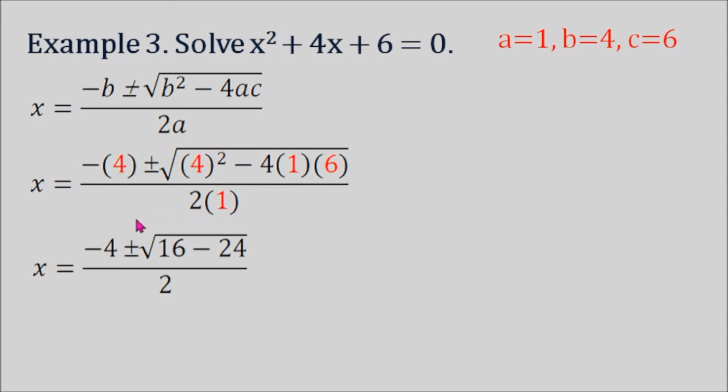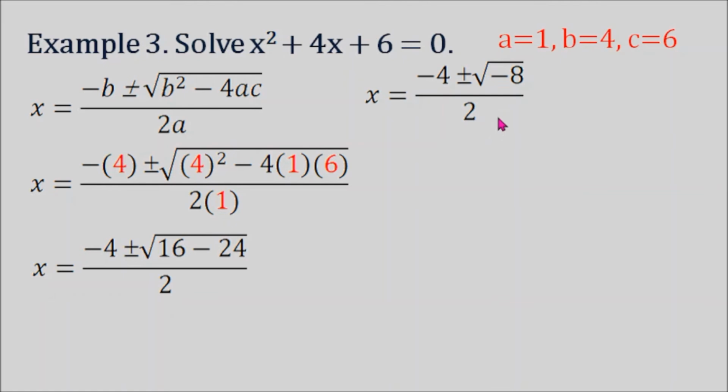Then simplifying furthermore, we have negative 4 plus and minus 4 squared is 16. Negative 4 times 1 times 6 is negative 24 all over 2 times 1, which is 2. Now 16 minus 24 is negative 8. So we have negative 4 plus and minus square root of negative 8 all over 2.